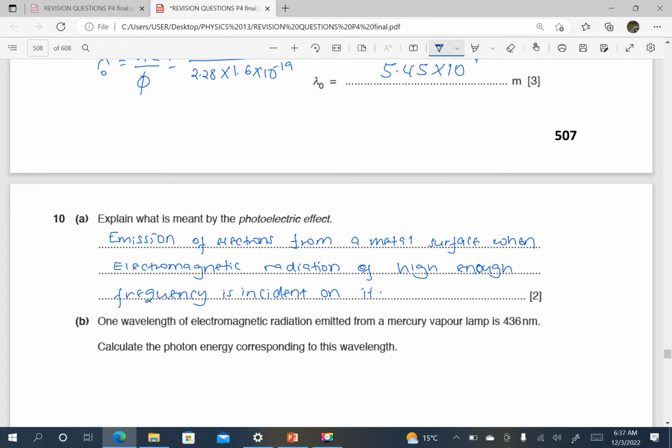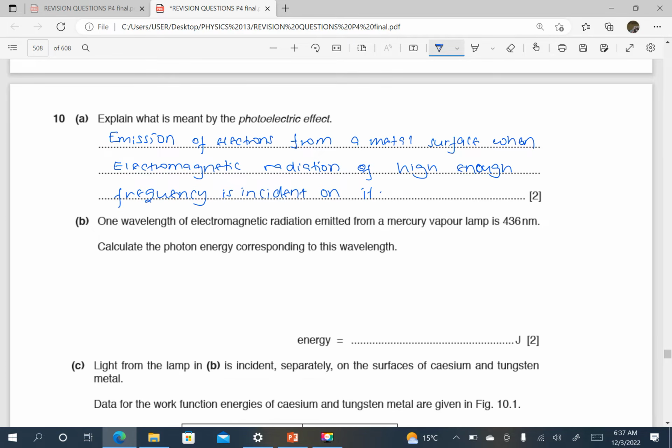So that is what we call the work function. If the electromagnetic radiation has a frequency less than the threshold, we very well know that there will be no emission of electrons. One wavelength of electromagnetic radiation emitted from a mercury vapor lamp is 436 nanometers.